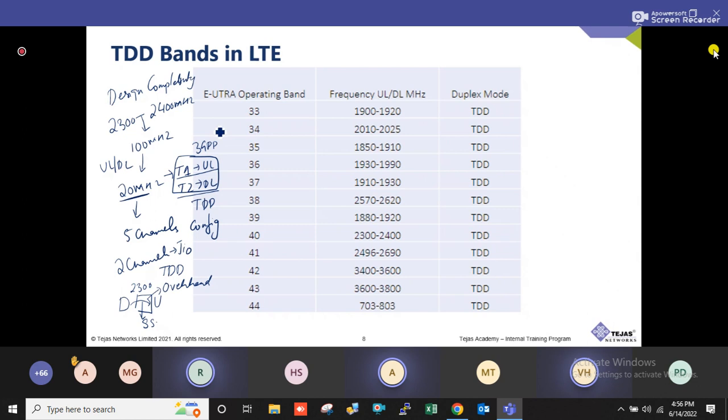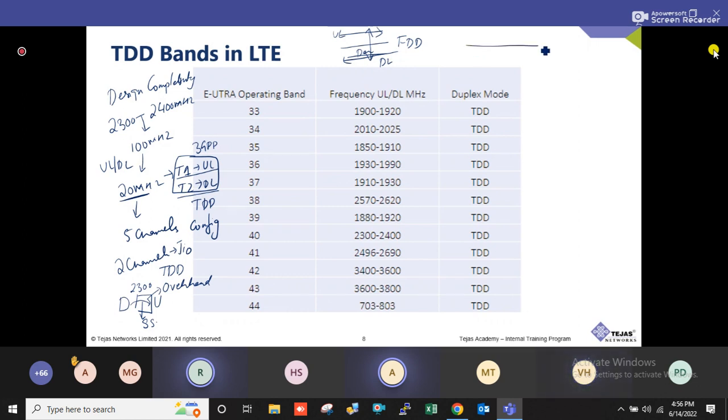It is like a highway with a divider, and you have a separate path for traffic going one way and a separate path for traffic coming from the other way. So this is FDD. The advantage is you need not control this, because uplink is happening in its own way and downlink in its own way, but you require so much space to do FDD.